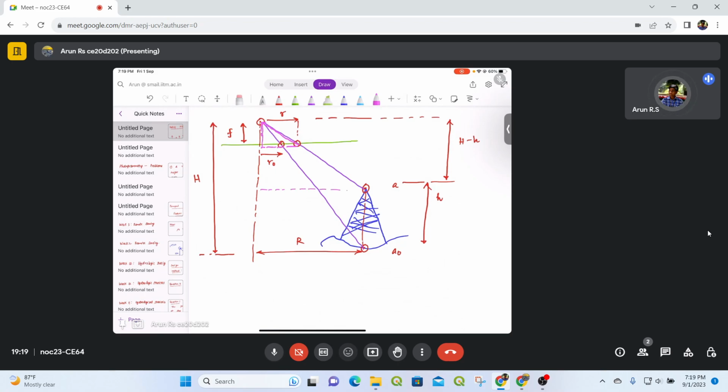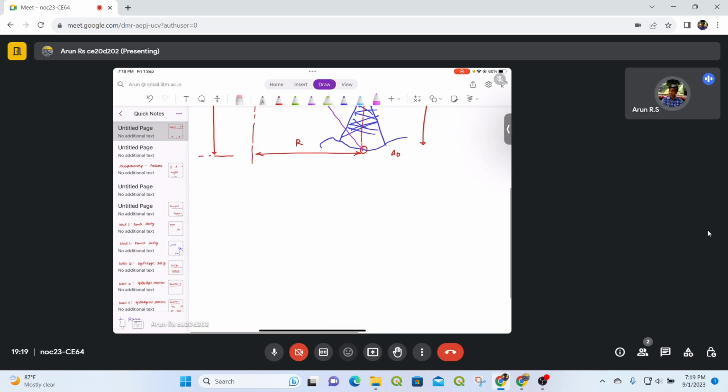and the second bigger triangle is this triangle. So both the triangles will look something like this. So this is the bigger triangle, and within that there is a smaller triangle, and this distance is R naught.